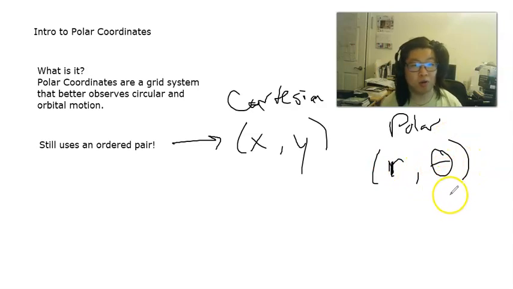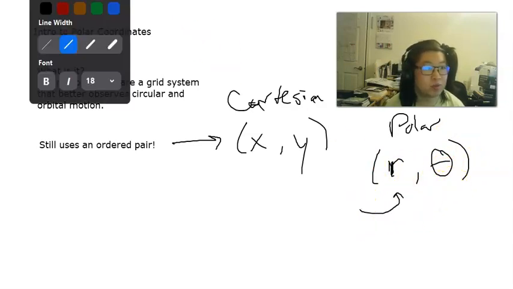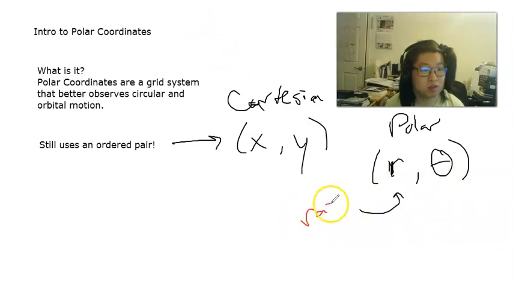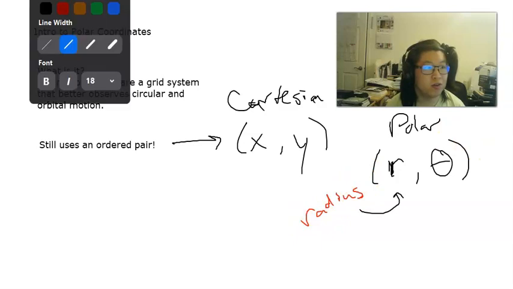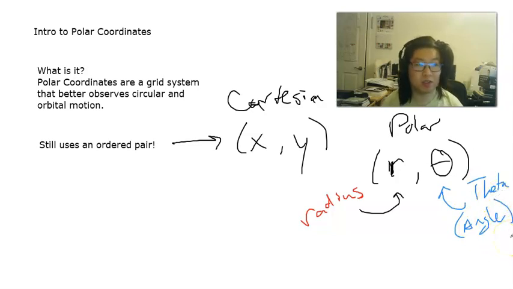Our polar coordinates will use this thing called a radius, and it will also use theta, which, if you've been paying attention the whole class, refers to an angle. That's the main difference between our polar and Cartesian ordered pairs.